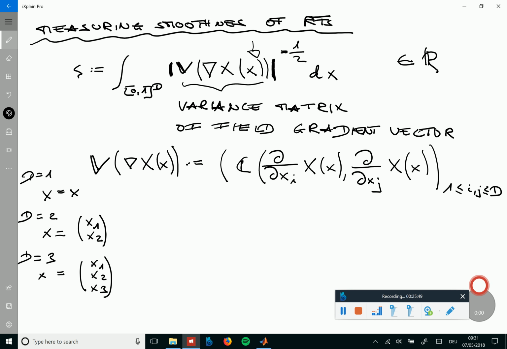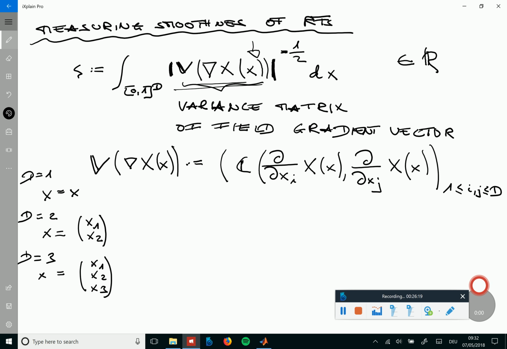Then this determinant is taken to the power of minus 1/2, and there's a single number now for each point in the unit square, and then it's integrated, meaning averaged, if you want, over the unit square. So the dependency of this term over space is integrated out, so we end up with a single number.